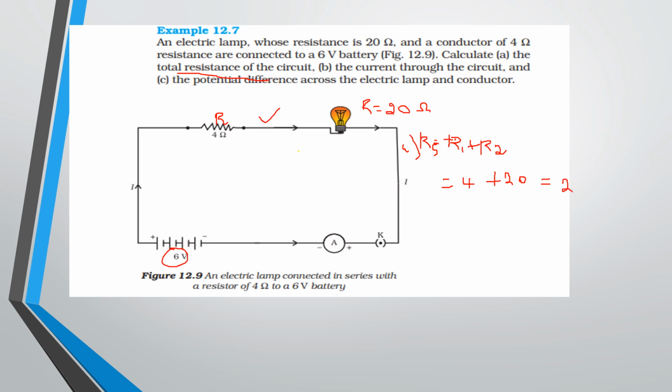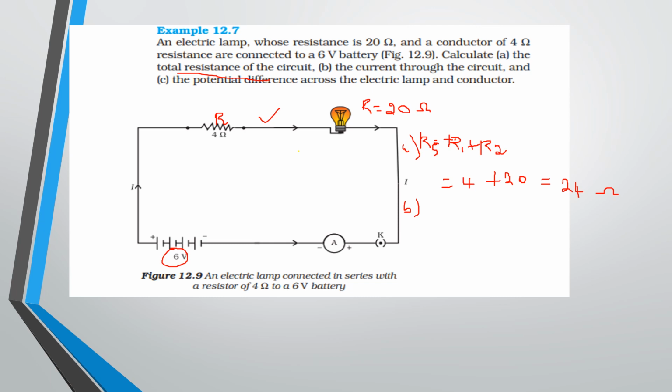That is 24 ohm. Next we have the current through the circuit. In a series connection it is constant, so we have to find that out. We know the total resistance is 24 ohm, so we use Ohm's law.